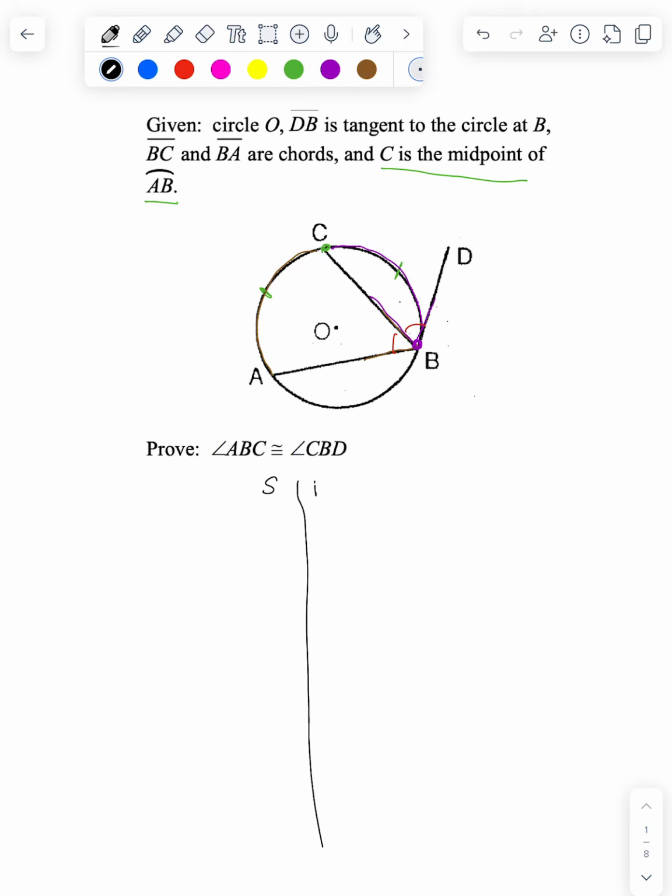For this video, I'm not going to write down the givens, just because I don't want to take up a lot of time on the video and a lot of space here, but I'm going to make a spot for it because you should always start off with your given information and all of your given information. The first thing that we did when we were talking about this example is we said that arc AC is congruent to arc CB.